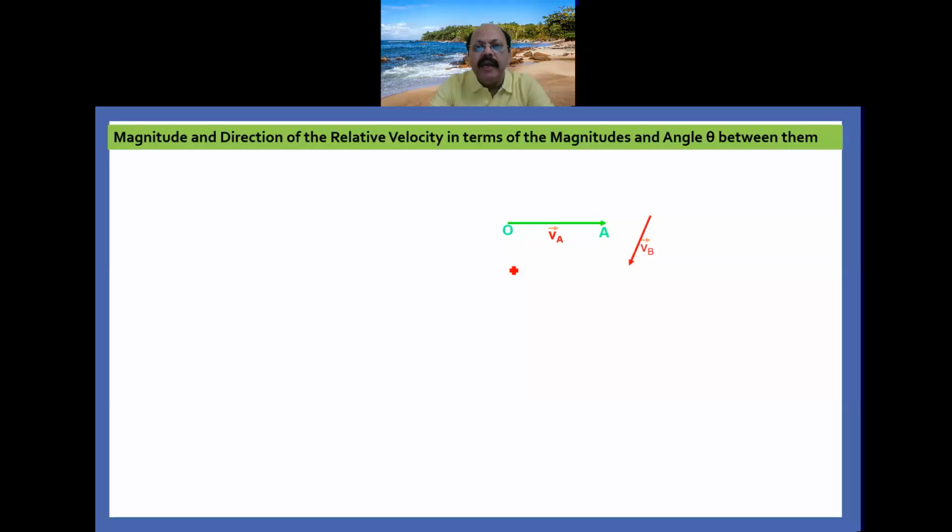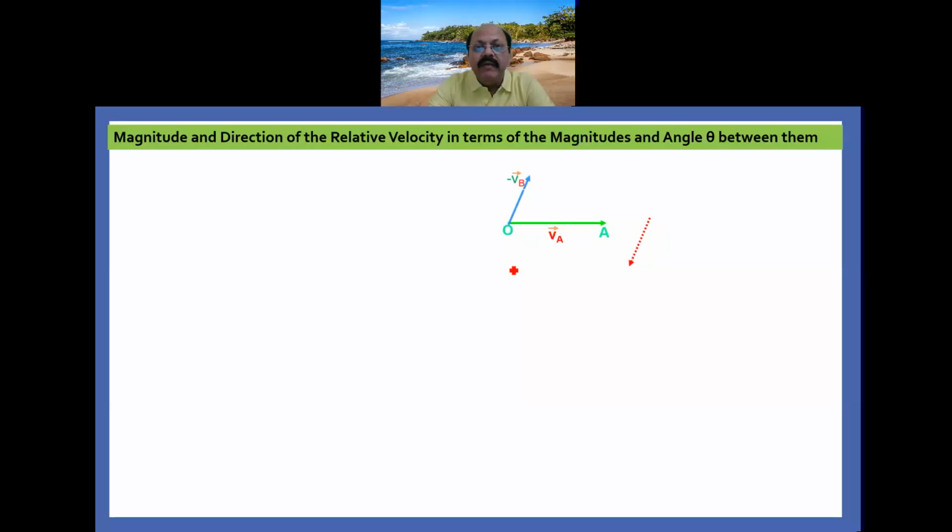For finding the relative velocity of A with respect to B, first of all we take the negative velocity of B, that is minus VB vector, and superimpose it onto the VA vector. You can see here.